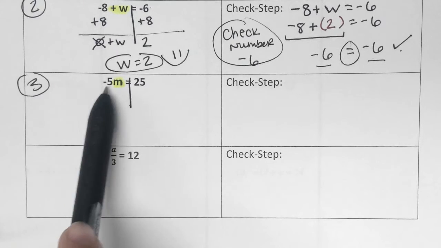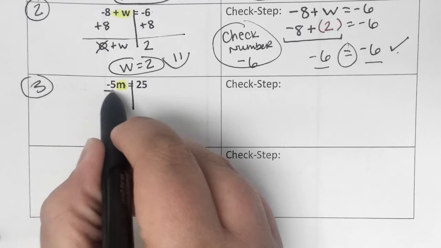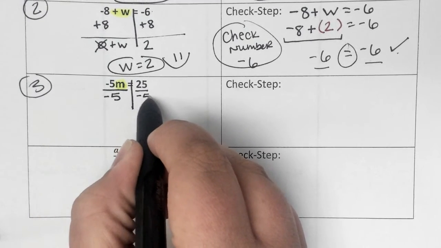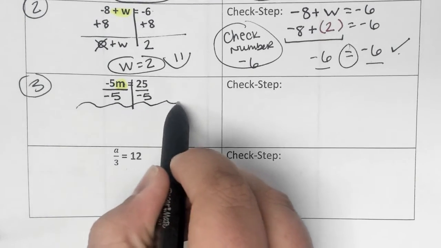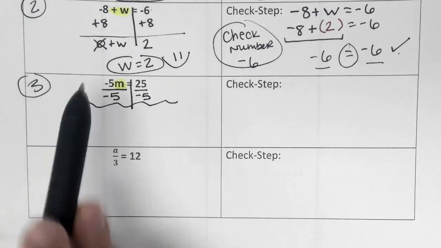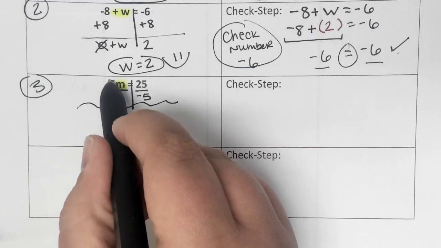Well, right now, this is -5 times M. So to undo it, we have to divide by -5 on both sides of the equation. -5 divided by -5 is a +1. So our 5's don't cancel out.